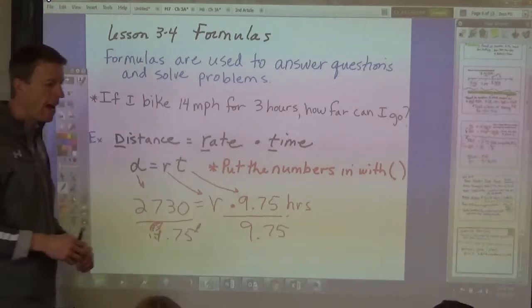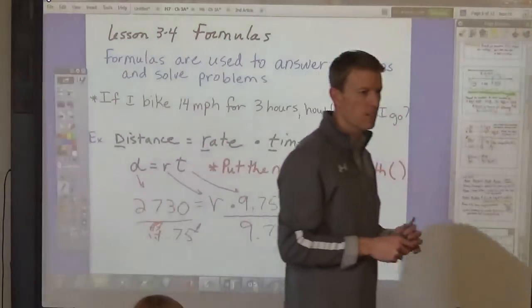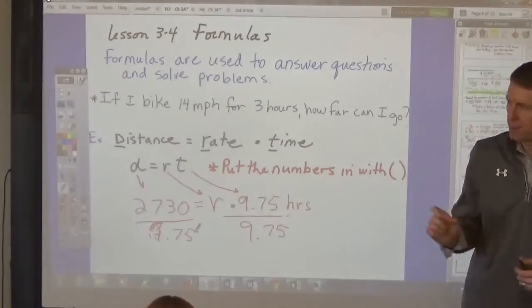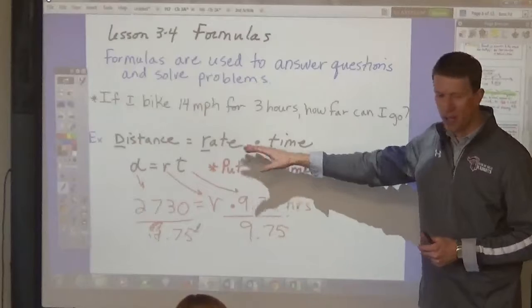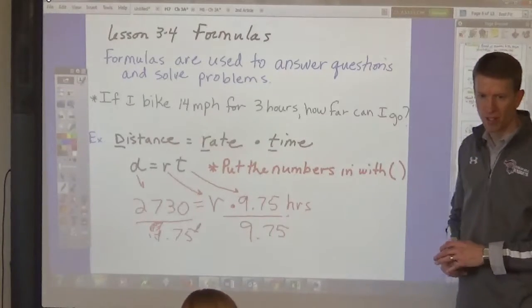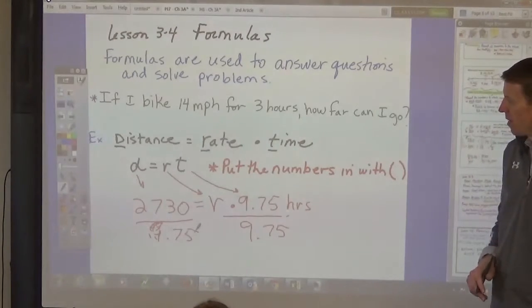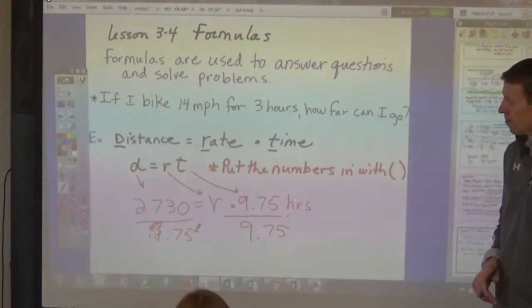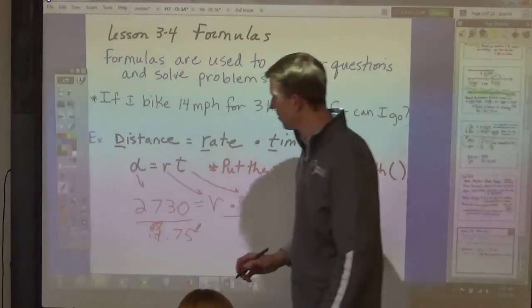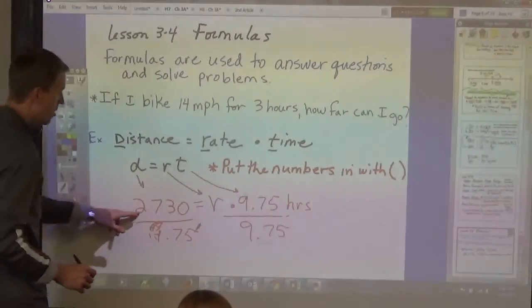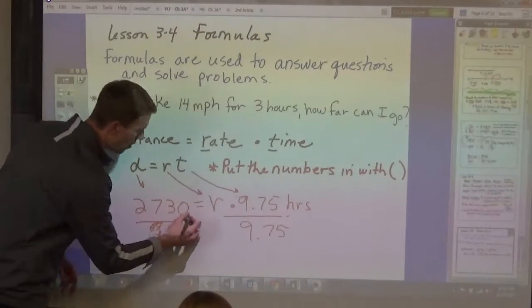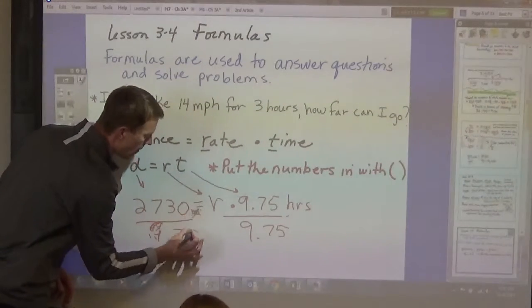One of the things that you have to do when you're solving formulas is label your answers. You have to understand what the answer is, what the numbers mean, and you have to label your answers. Okay? The distance is 2,730 miles. I forgot to write that. That's also important.